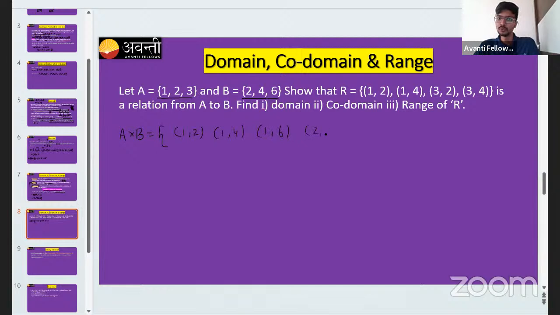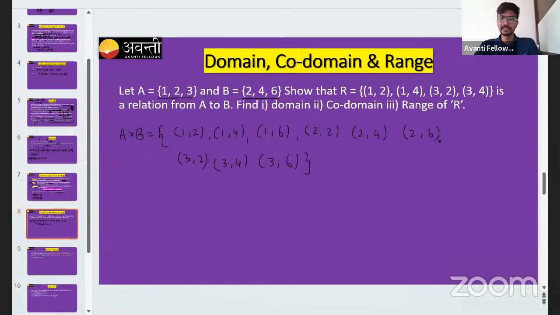then 2, 2, 2, 4, and 2, 6. And lastly, we'll have 3, 2, 3, 4, and 3, 6.